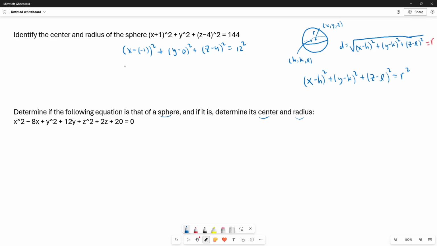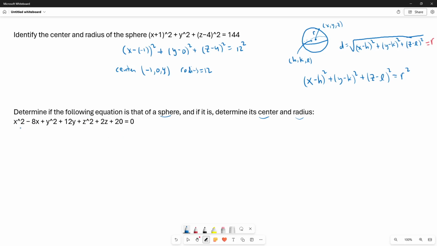That will tell us that the center is at h, k, l: h is −1, k is 0, l is 4, and the radius is, r² is 12², so the radius is 12.